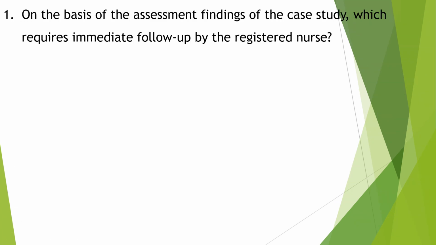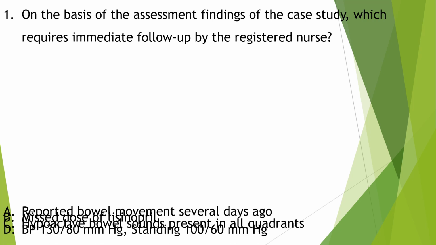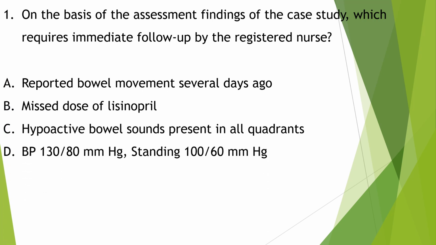On the basis of the assessment findings of the case study, which requires immediate follow-up by the registered nurse? Reported bowel movement several days ago, missed dose of lisinopril, hypoactive bowel sounds present in all quadrants, BP 130/80 mmHg supine and 100 by 60 mmHg standing.